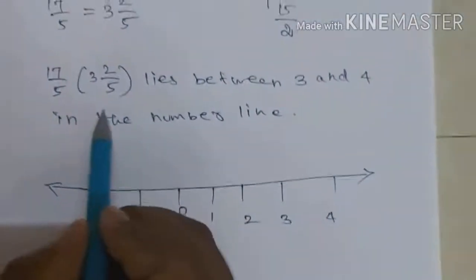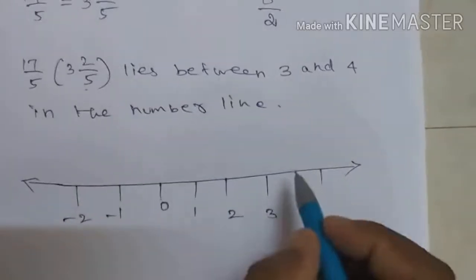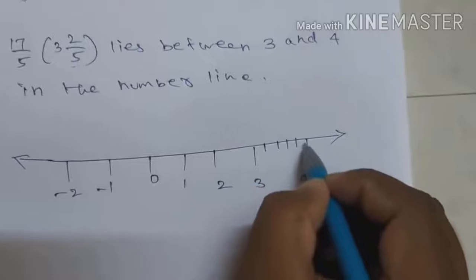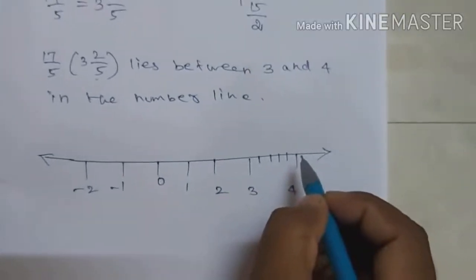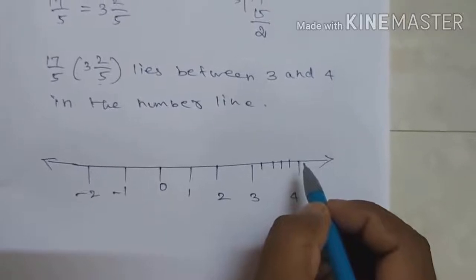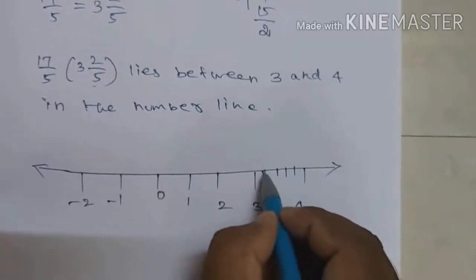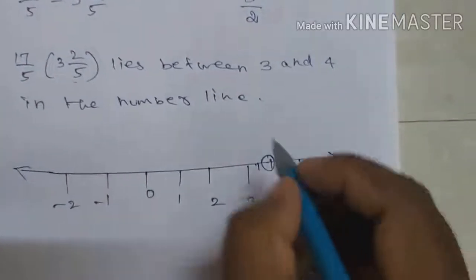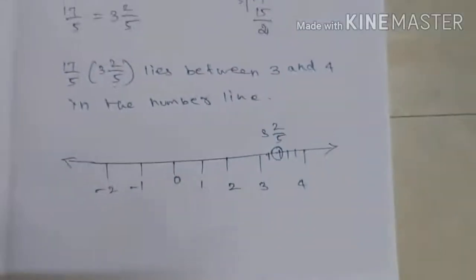Between 3 and 4 we divide the unit into 5 parts. So 1, 2, 3, and the remaining values up to 5. Okay, so after 3, the second part, 2/5, is the answer. So 1, 2, I am marking this value, 3 2/5.